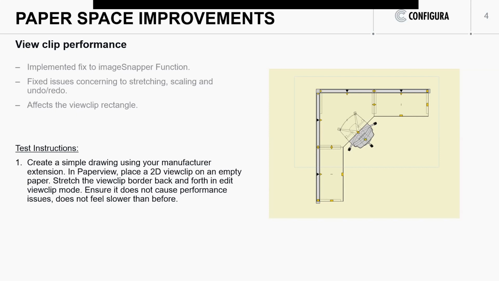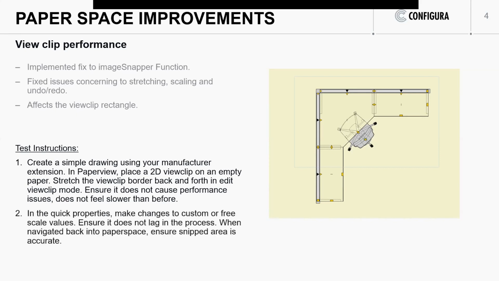In the edit view clip mode, stretch the view clip border back and forth, and ensure it does not cause performance issues and does not feel slower than before. And then in the quick properties, try changing to different scales, custom or free scale values, and make sure that it does not lag in the process. When navigating back into the paper space, ensure that the snip area is still accurate.